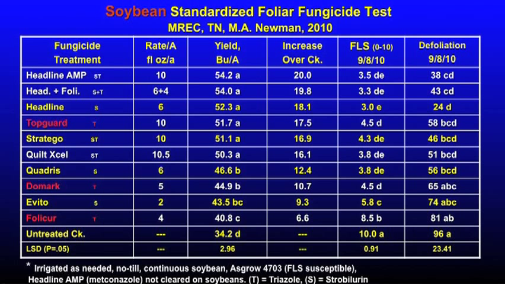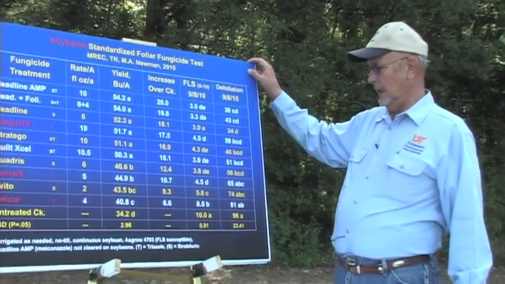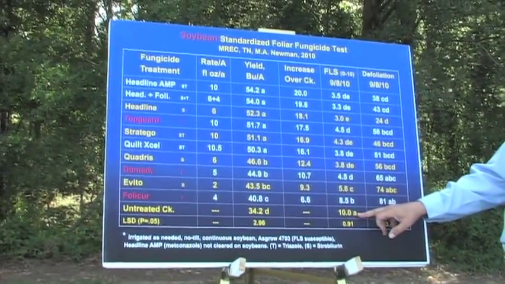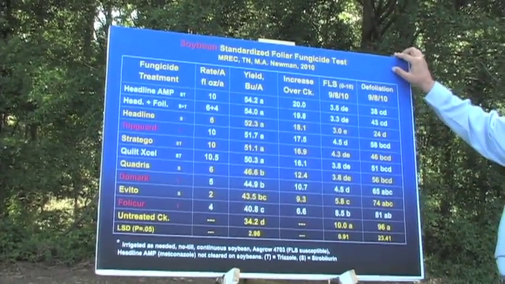This A group all is significantly better, and we can see that. And you can see the very last one is Folicur, only 6 bushels above the untreated. But 20 bushels or 19.8 bushels is very, very good. You can see the rating of the diseases from 10 being the worst down to about 3.3. These are very good.